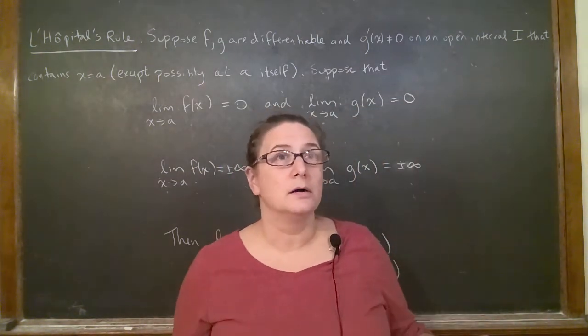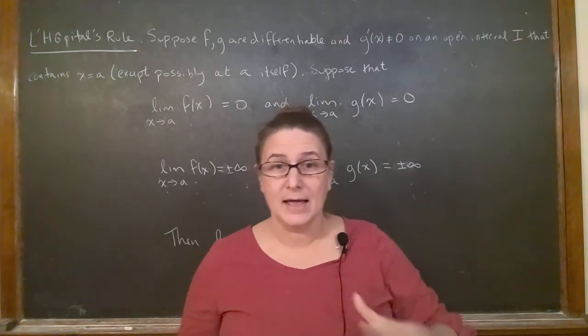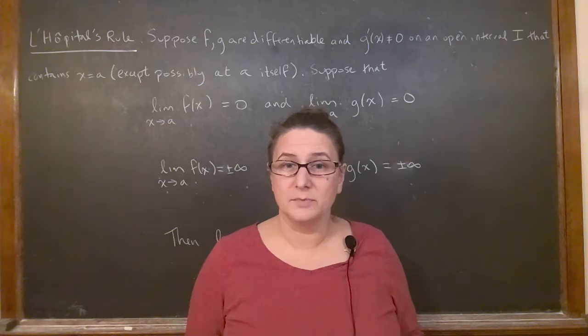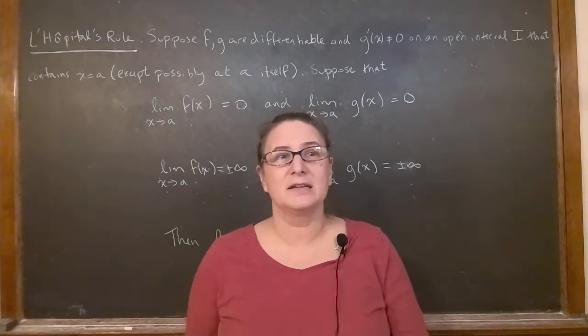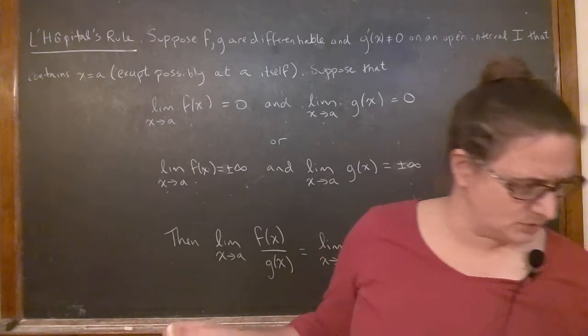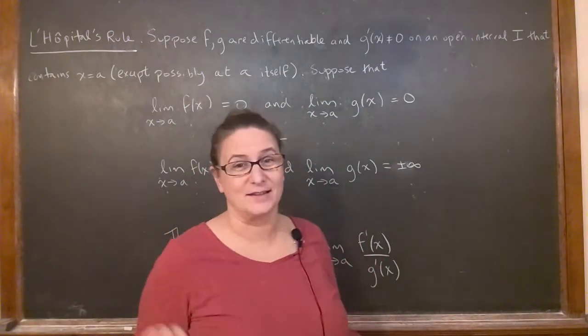He was a Marquis and he was very interested in math. And at the time he had a lot of money, so he got one of the Bernoulli brothers to basically tell him that if he paid the Bernoulli brother, I think it was Jacob. No, it was John. There are a couple of Bernoullis that get confused.